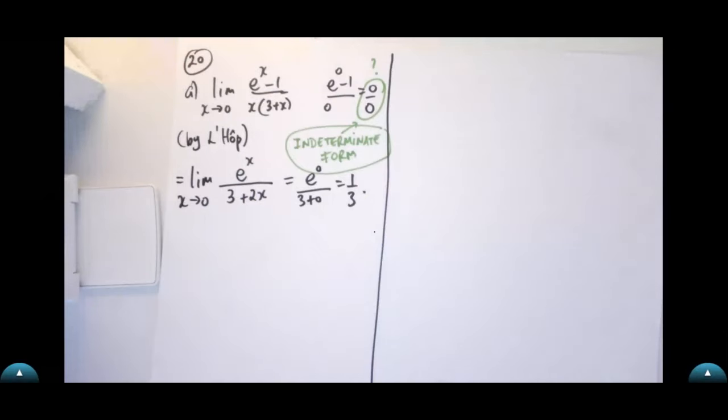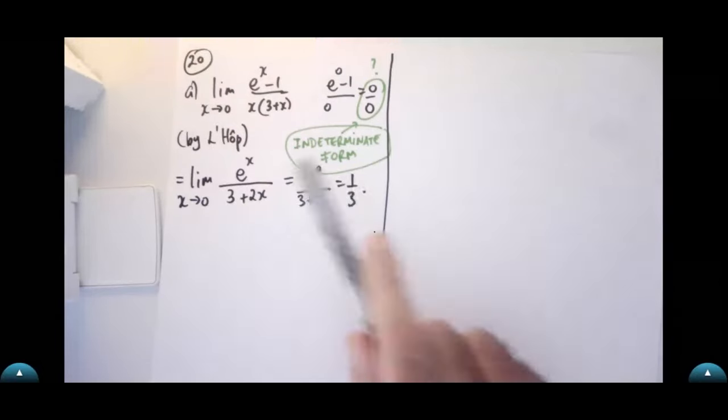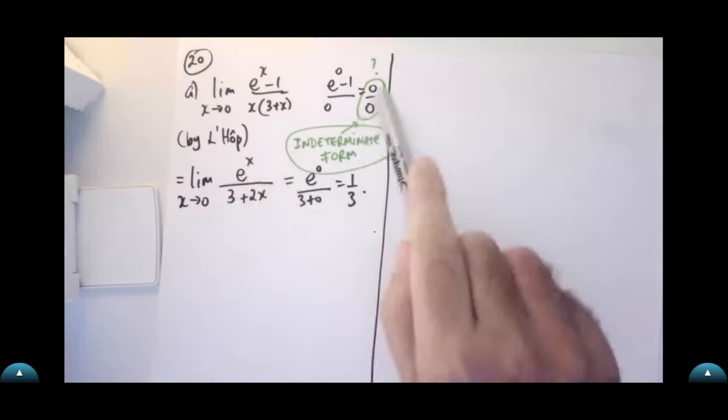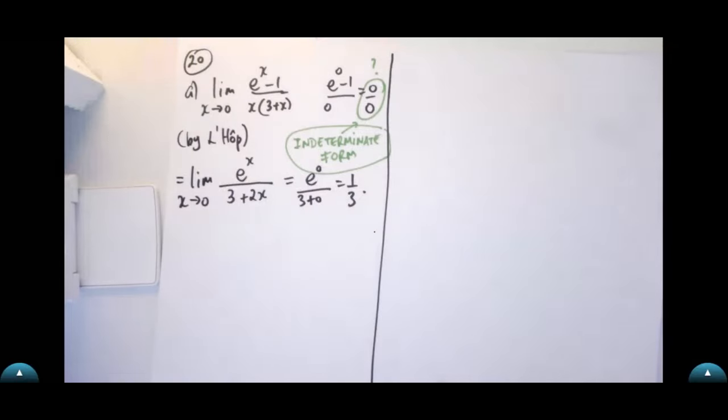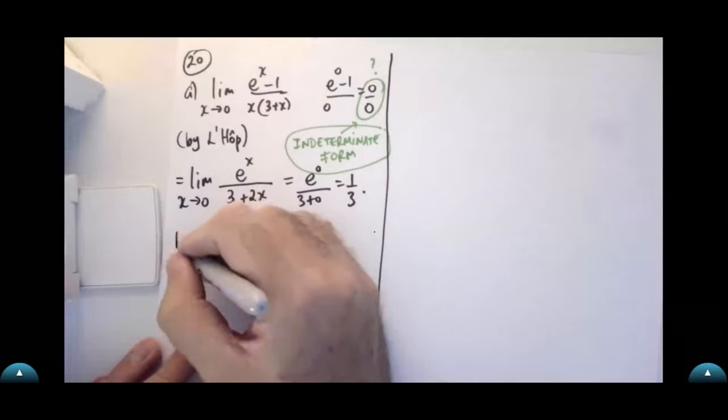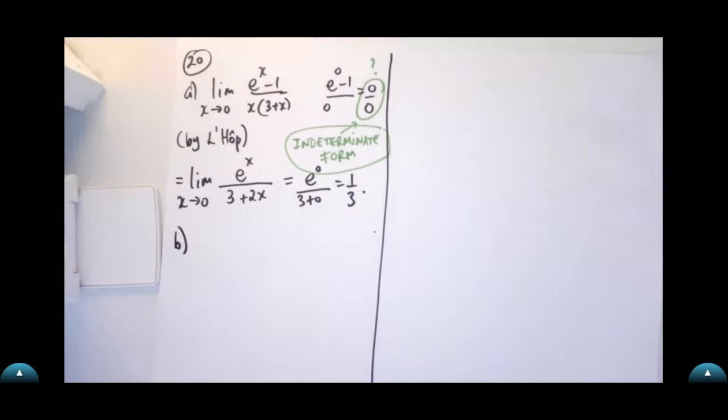So it's pretty easy to do. And if you got another indeterminate form like this, you could keep differentiating and see what happens. So what about, say, part B? Let me share that with you.